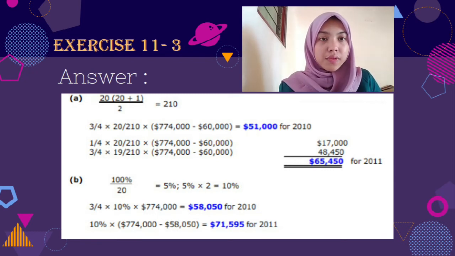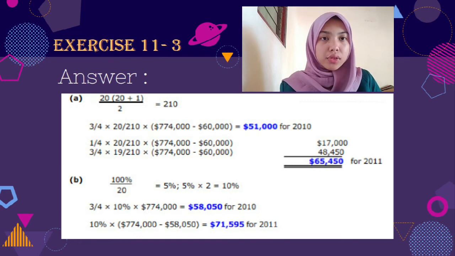Then the answer for B is 100% divided by 20 is 5%. Then 5% multiplied by 2 is 10%. Then 3 divided by 4 multiplied by 10% multiplied by $774,000 is $58,050 for 2015.